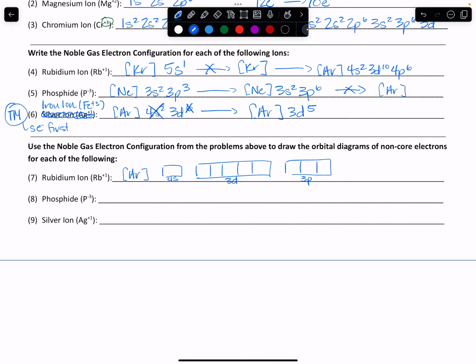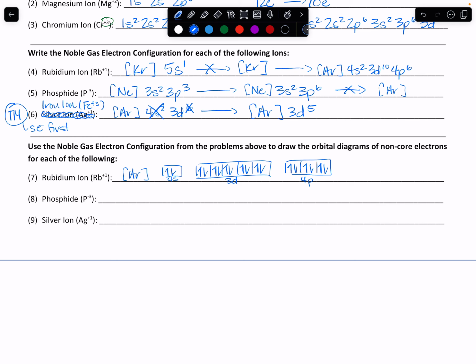So I have 4s2, so I'll fill these in. And then I have 10 electrons in my d sublevel. Remember, the up and down arrows tell us opposite spins, which is required by the Pauli exclusion principle. Do you see a mistake I made here? This is not 3d, this is 3p. This is 4p, and it has 6 electrons in it. So that will be the orbital diagram for the outermost electrons of rubidium +1.